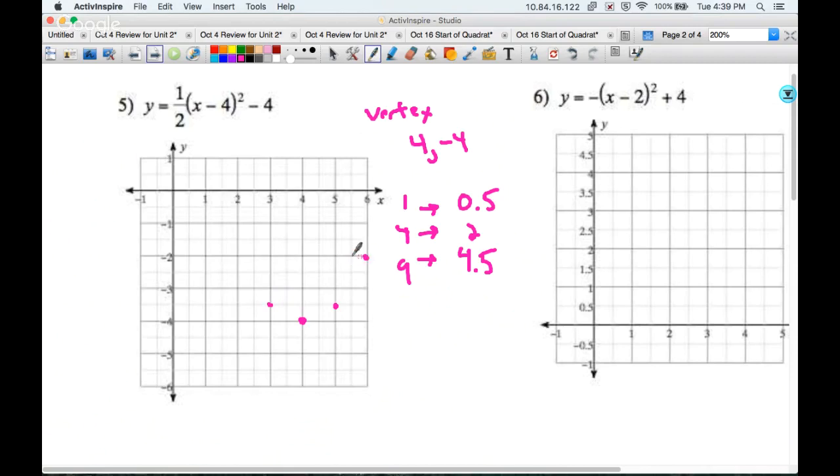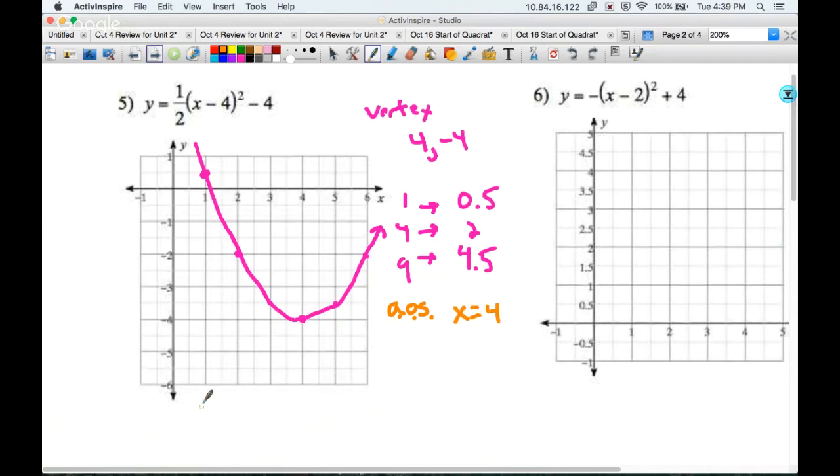There's our parabola. Let's see. Axis of symmetry: x equals 4. Converted to standard form.